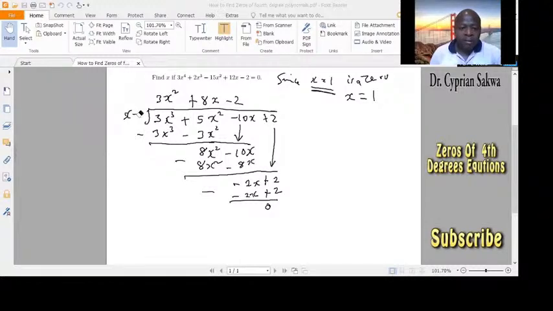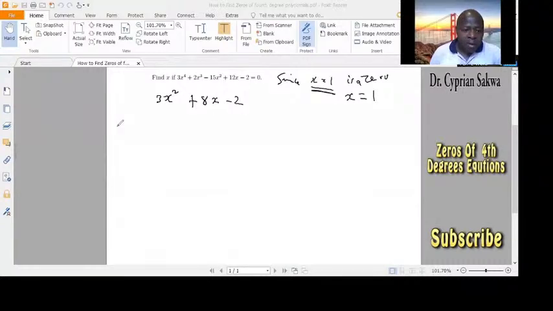What we have currently is the initial equation, 3x raised to 4, plus 2x cubed, minus 15x squared, plus 12x, minus 2.